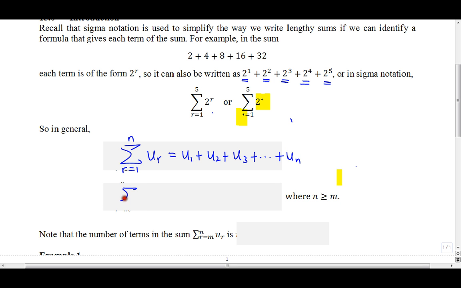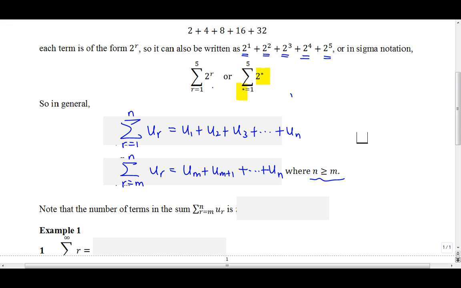Now if I don't start from r equals 1, I can start with r equals m to n. Doesn't matter, m can be any value as long as n is larger than m. So I have u(m+1) all the way to un. Quite easy.